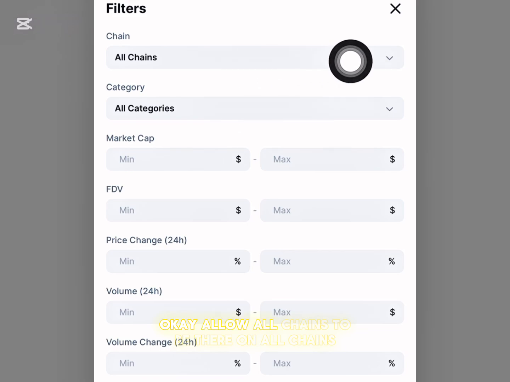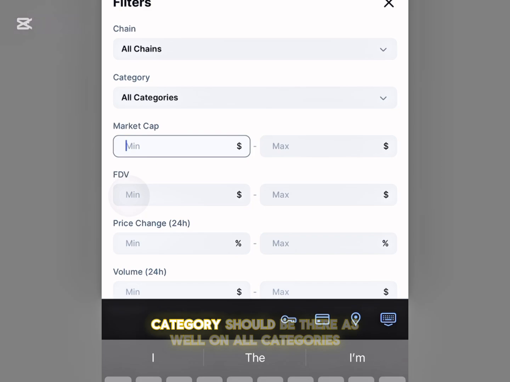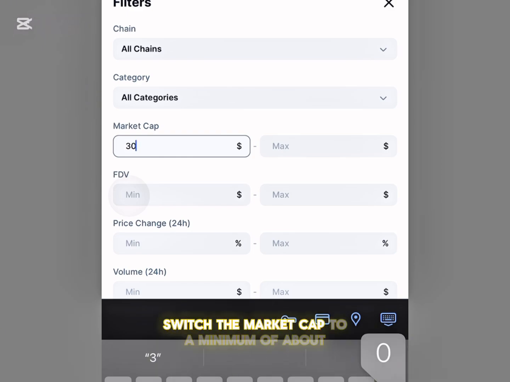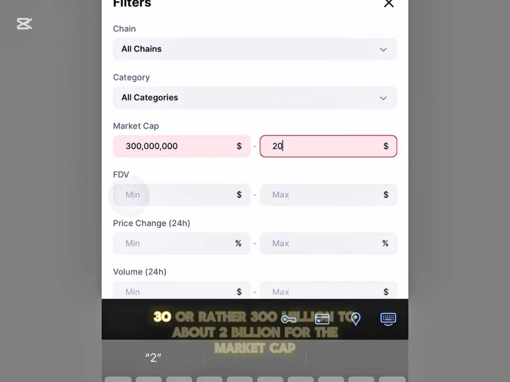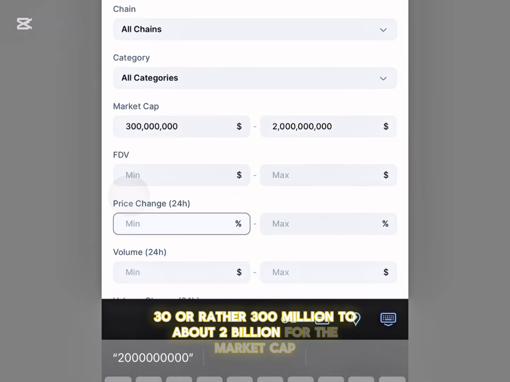Allow all chains to be there, on all chains. Category should be on all categories as well. And then for the market cap, switch it to a minimum of about 300 million to about 2 billion.